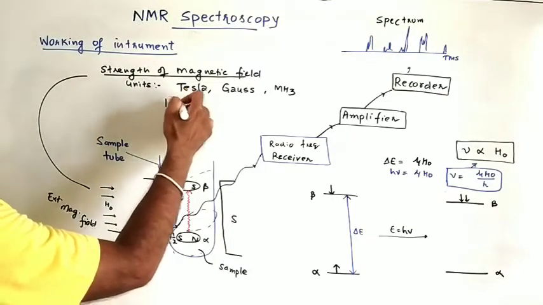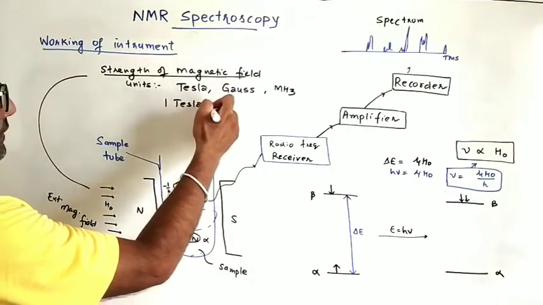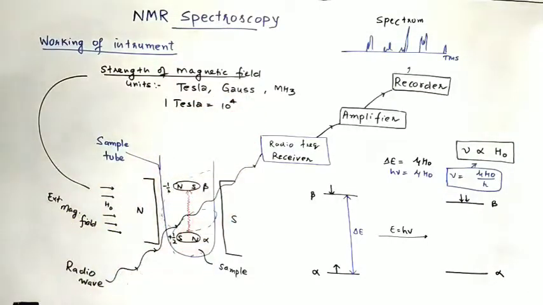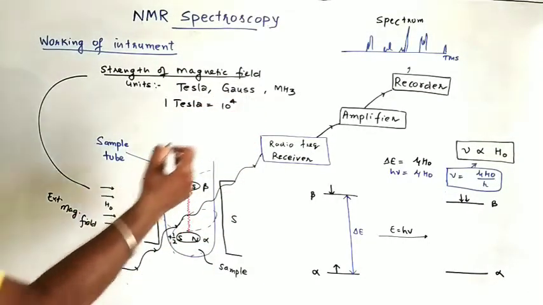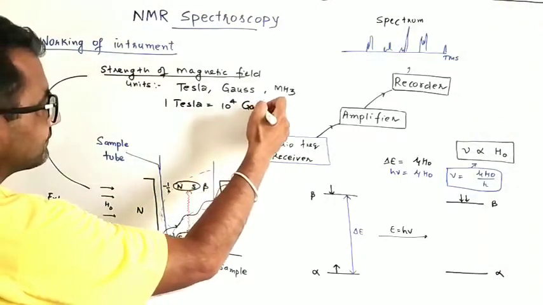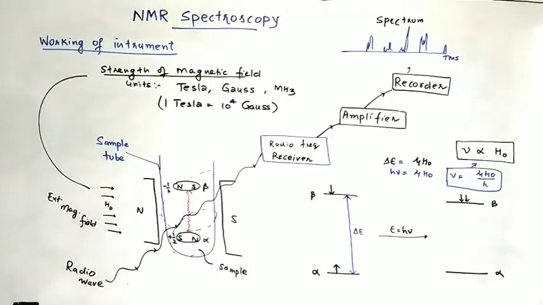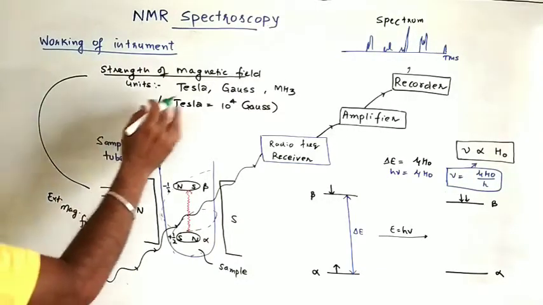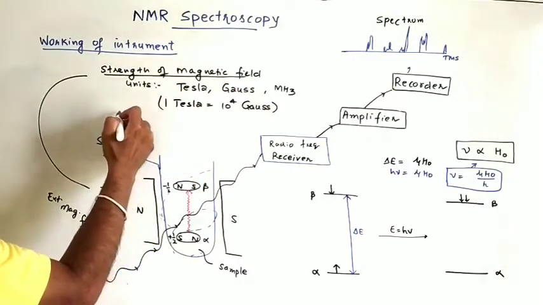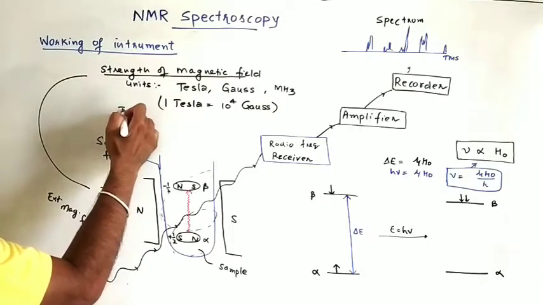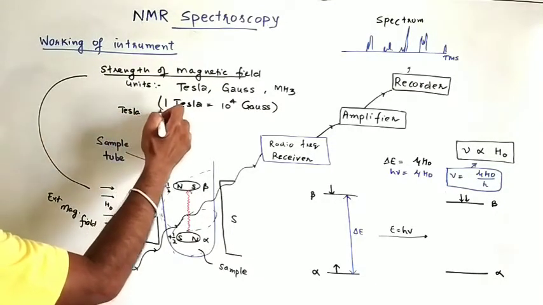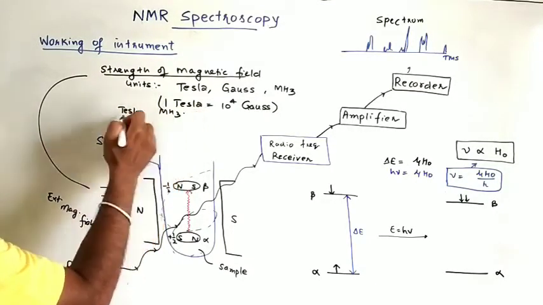So 1 Tesla is 10 raised to 4 Gauss. Like, how to compare Tesla and megahertz: suppose I write here Tesla and here megahertz.